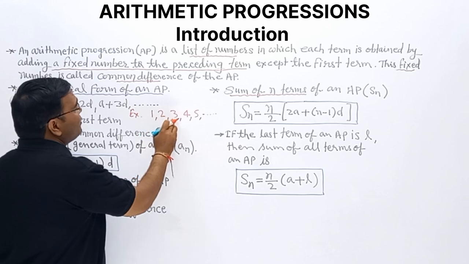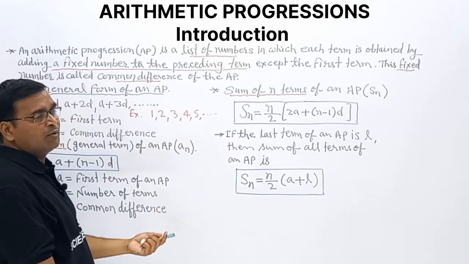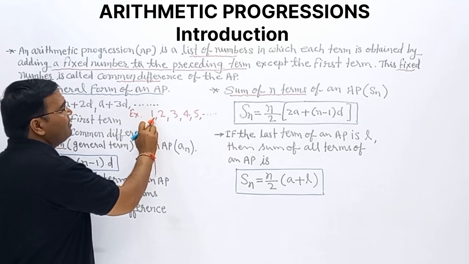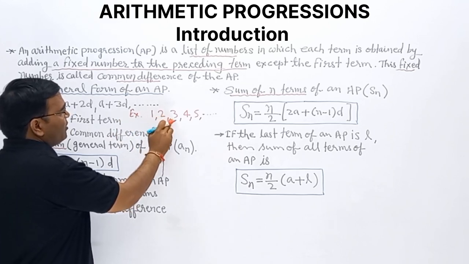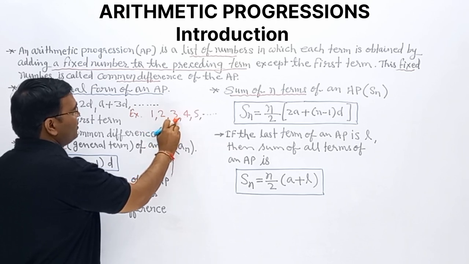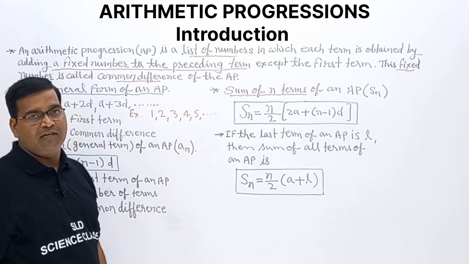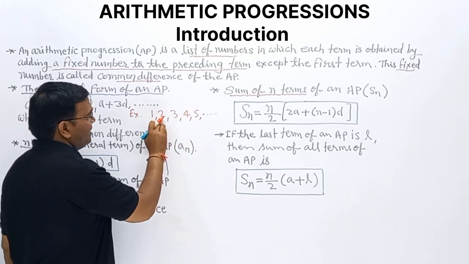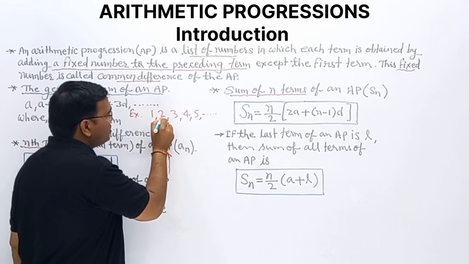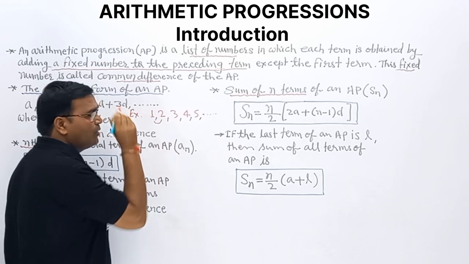We add a fixed number to the preceding term, meaning the number before it. Its preceding term is this one, and we add a fixed number. What are we adding to get the next number? The first number is 1.